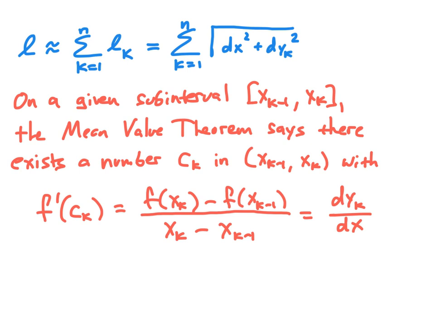So at this point in the computation, we need to use a result from Calculus 1 that you've certainly seen but have probably forgotten about, specifically the mean value theorem.